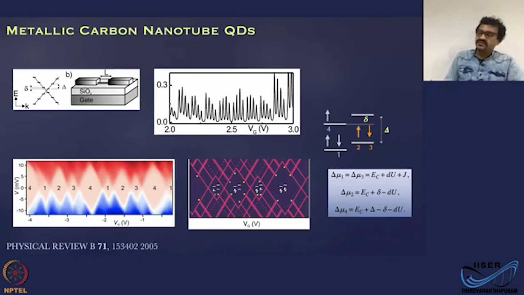So the way it is understood is the following. The first electron will take charging energy plus an excess Coulombic energy plus the exchange. The second electron will have charging energy plus the band offset, minus the Coulombic energy. Then the third electron is going to go in the same orbital, the same level, so you will have again the same energy as the first one.